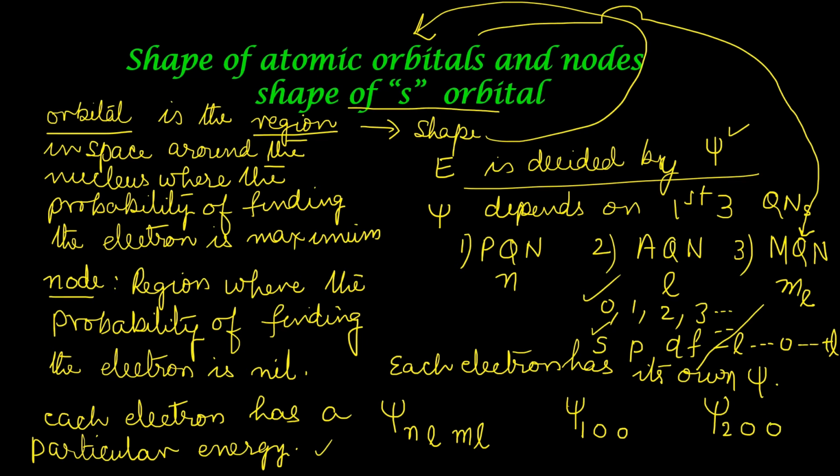Now we have to understand the graphical representation of the variation of wave function and probability density for 1s electron with reference to variation in distance of the location from the nucleus. For this, we need to know the value or magnitude of this wave function.